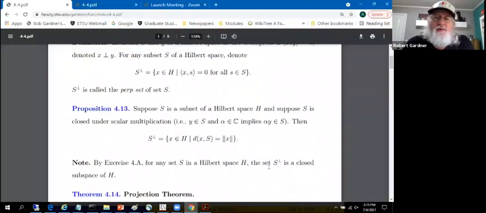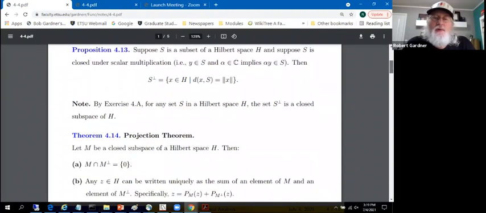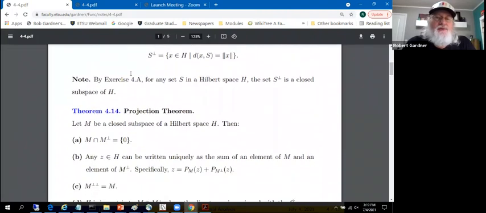Back to the notes. Okay, so this gives us a little alternate classification of how to describe the S perp collections of vectors. An exercise I made up just to justify this following claim. I made it up, you can tell, because it's got not a number, but a letter as its name. Exercise 4.A, I'll call it.